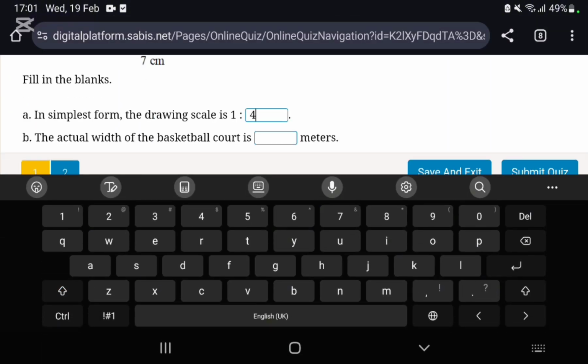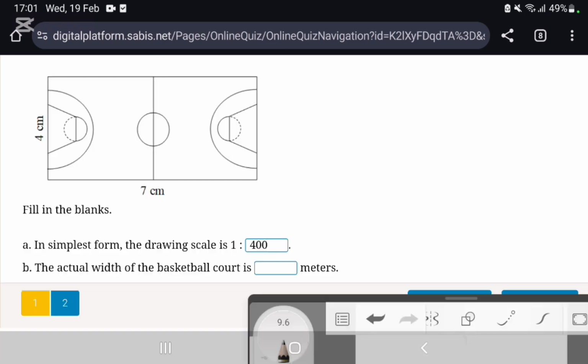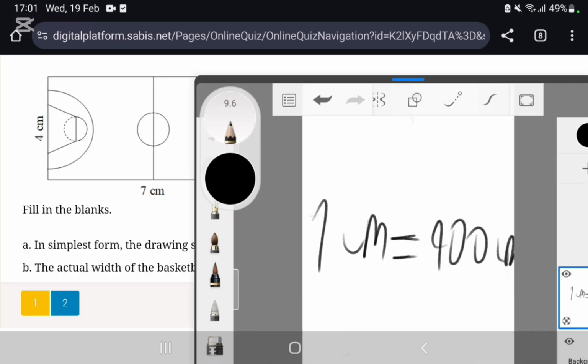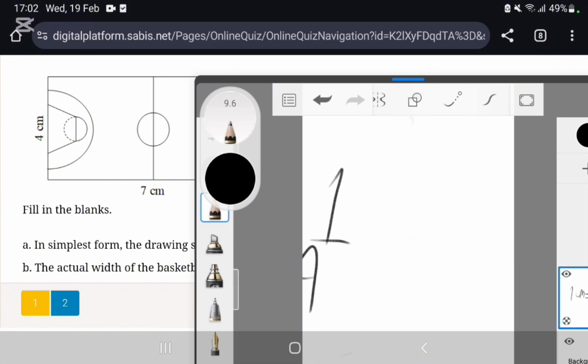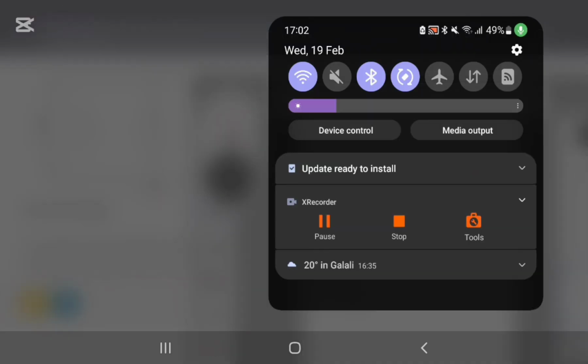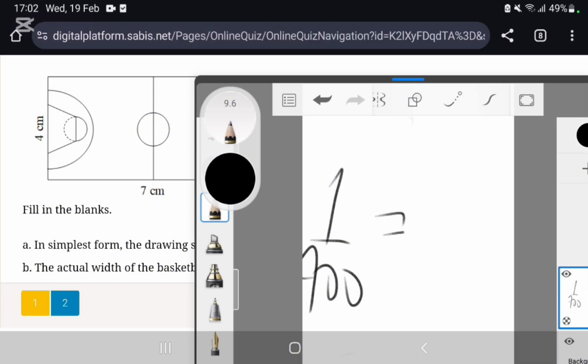And then part B, we can simply do 1 over 400 is equal to 4 over x.